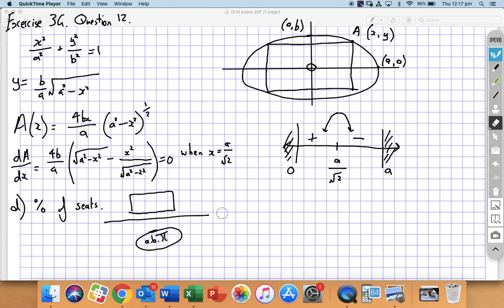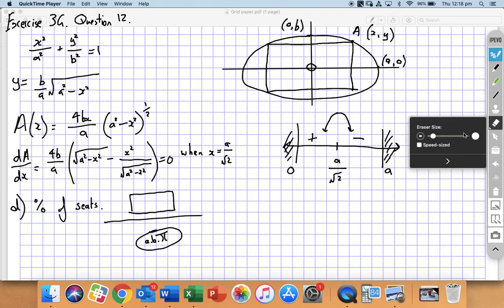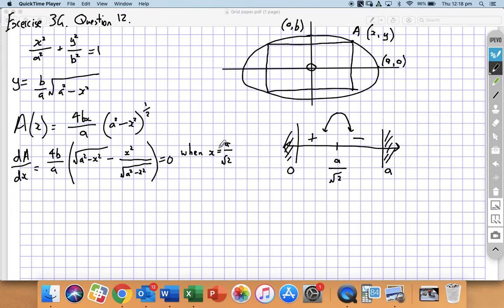So, where do we go with this? What's next? Are you thinking? Have you already done it? We need the area of our rectangle where x is a on square root 2.